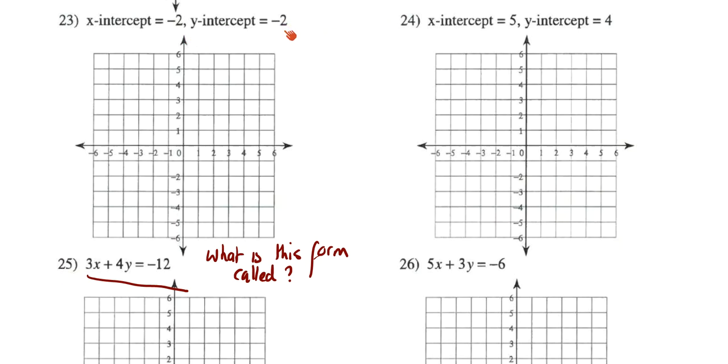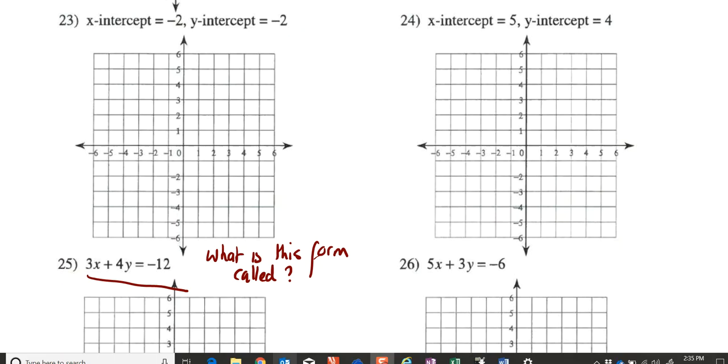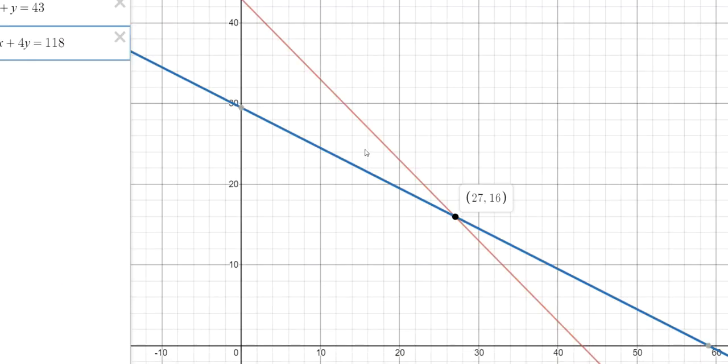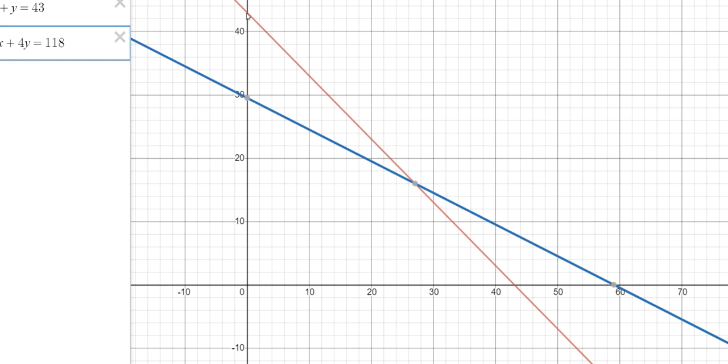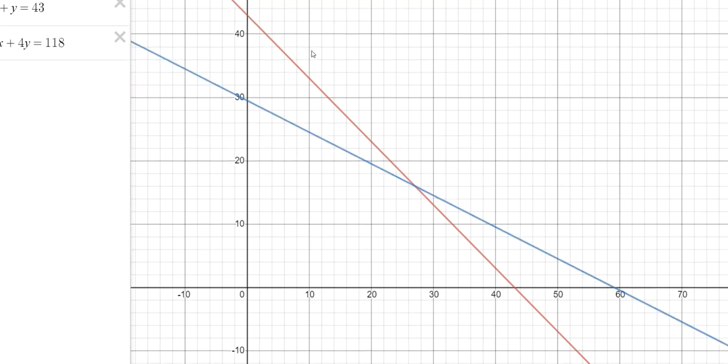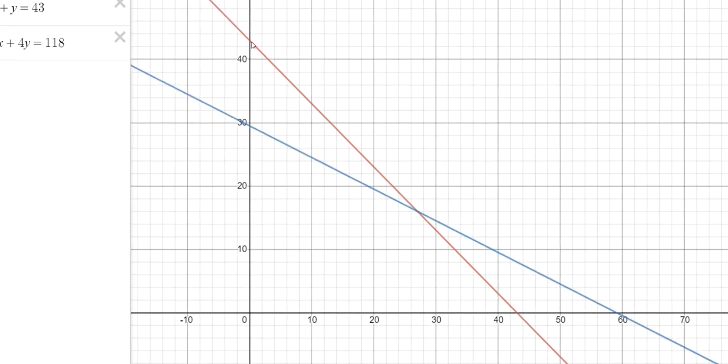Do you remember I showed you with that other one on here? What did this point up here represent? On the red line. There were children or there were donkeys?